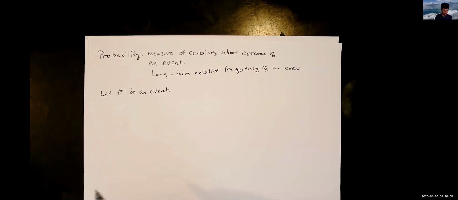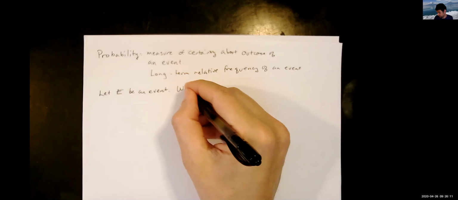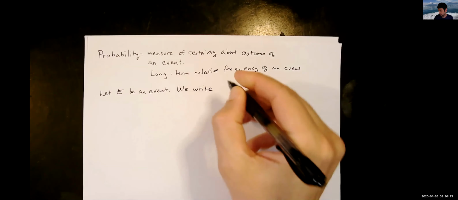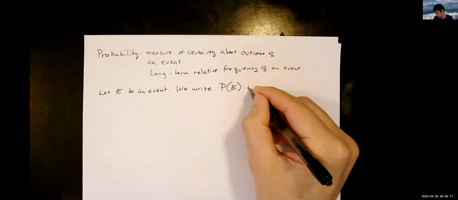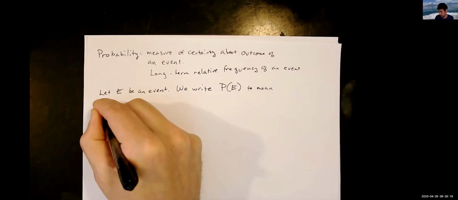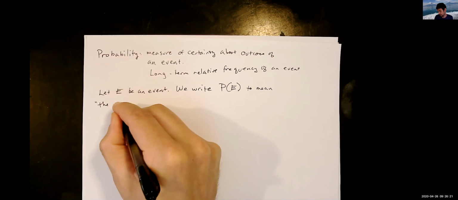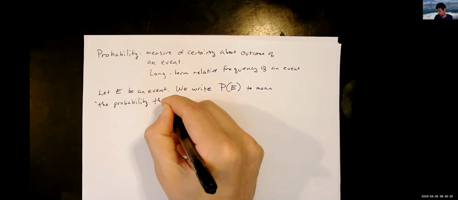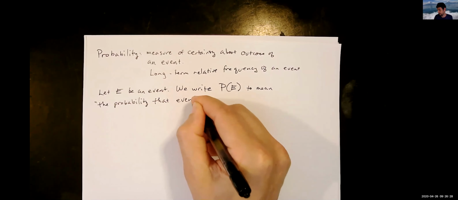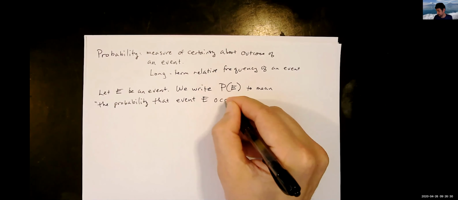Then we write P of E to mean the probability that event E occurs.